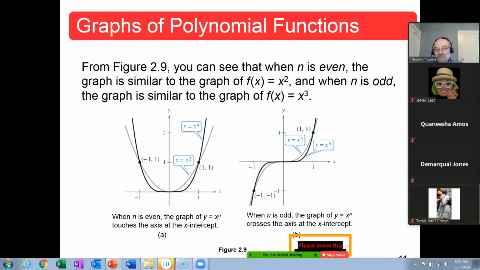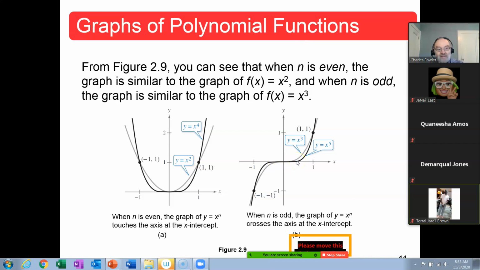Any questions on those? And all the ones past those, what I call the power functions, x to the 4th, x to the 6th, x to the 8th, x to the 10th, they just get steeper and steeper here, flatter and flatter here. X to the 5th, x to the 7th, x to the 9th, x to the 11th, steeper and steeper here and here, and flatter near 0.